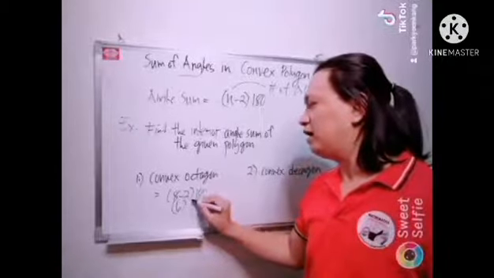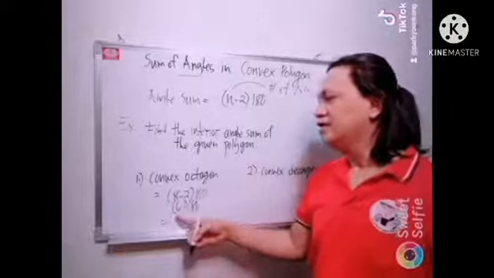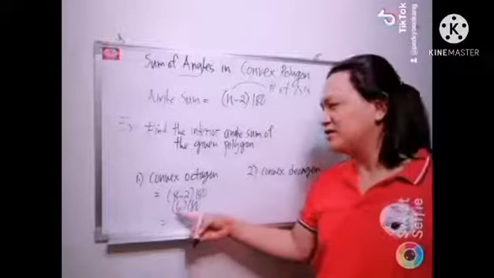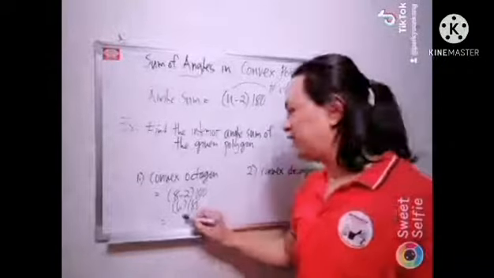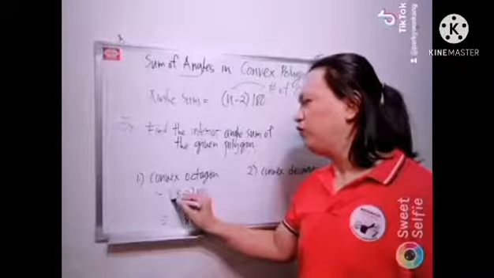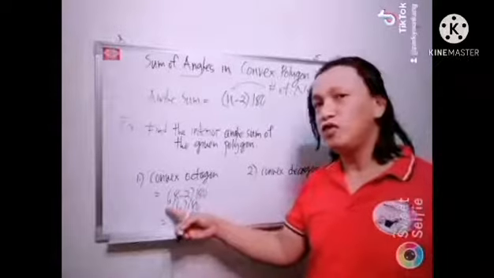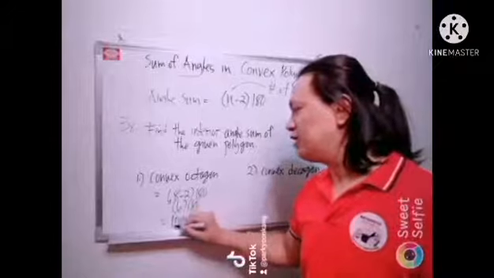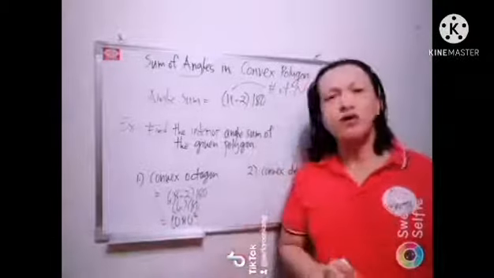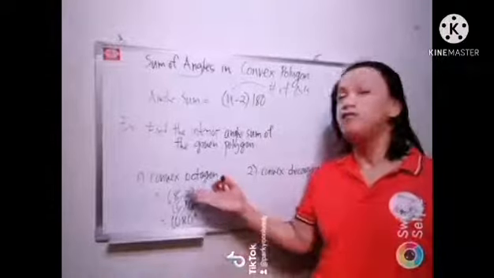So 6 times 180. 6 times 0 is 0. 6 times 8 is 48, carry 4. 6 times 1 is 6, plus 4 is 10. So that is 1080 degrees, the sum of the interior angles of a convex octagon.